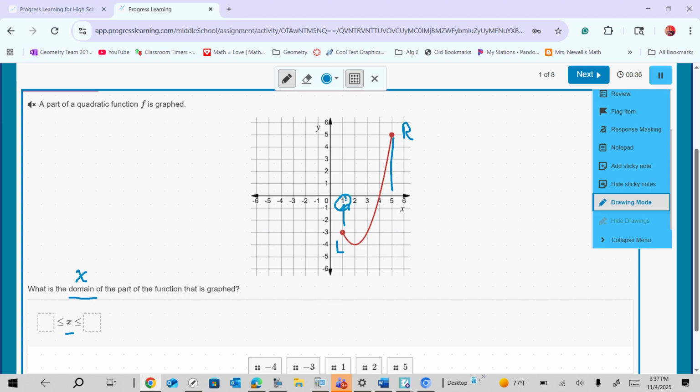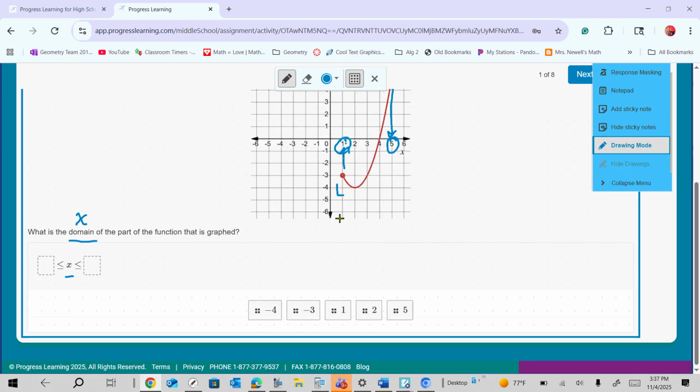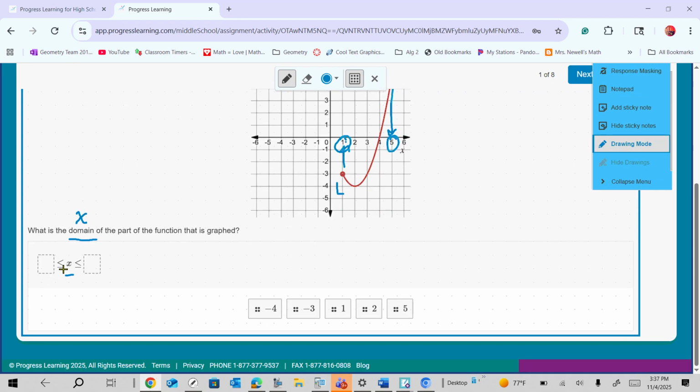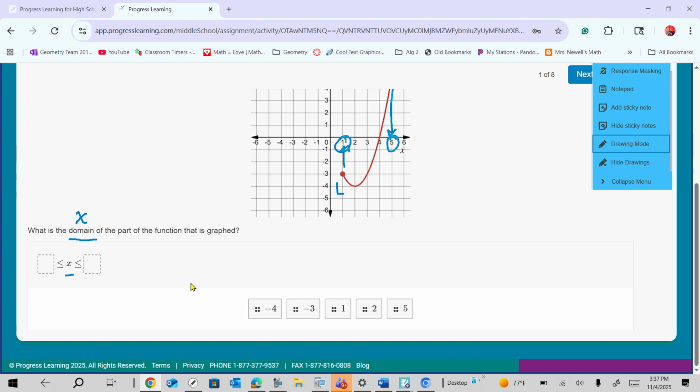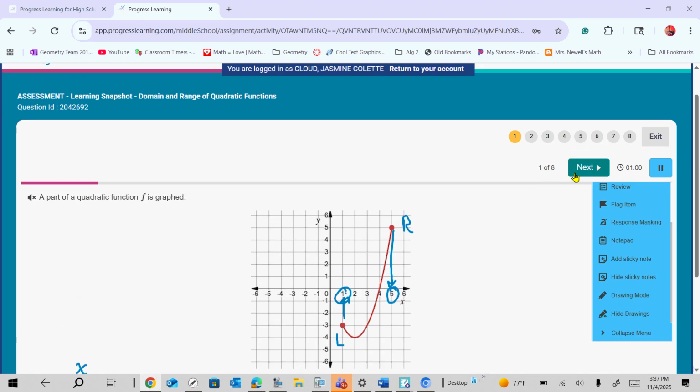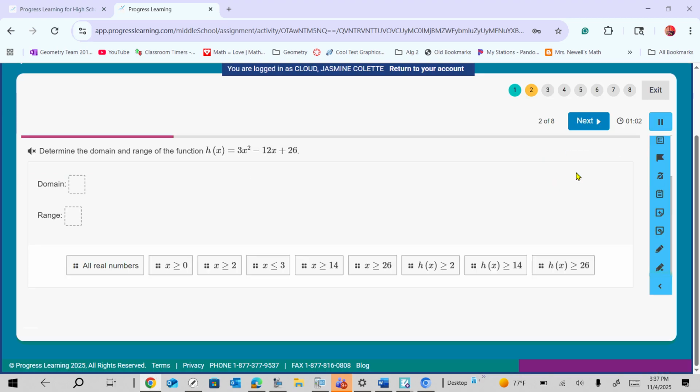Here I'm going down to see that x value. And they're closed dots, so they've even already set us up here for that. So I'm going to exit out the draw tool. We know we're going at 1, so I could put the 1 here. And then it's less than or equal to the 5. I'll put the 5 there. And then we're going to hit next.